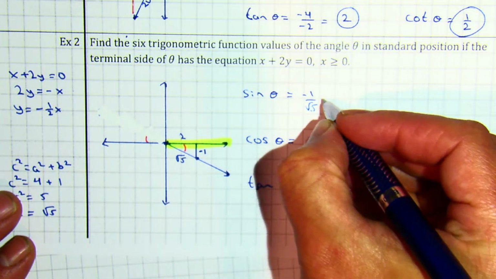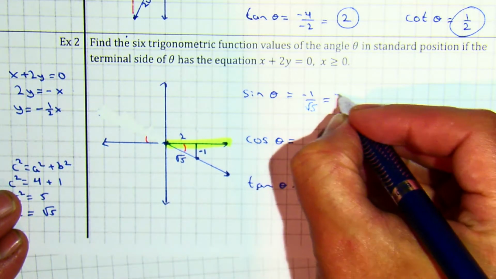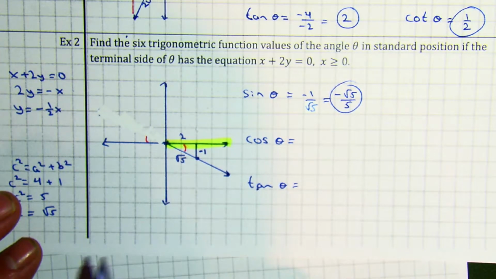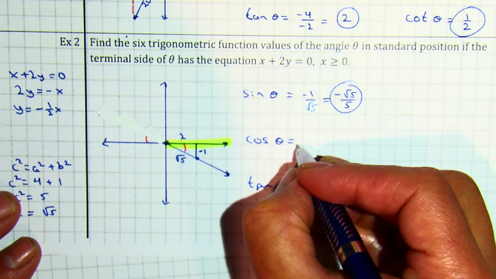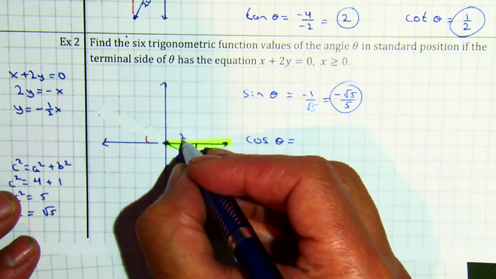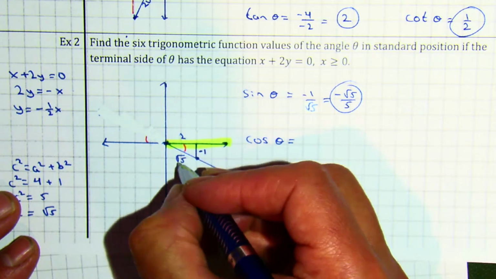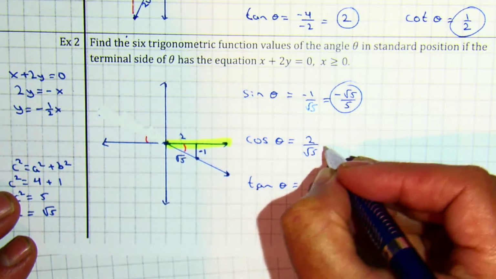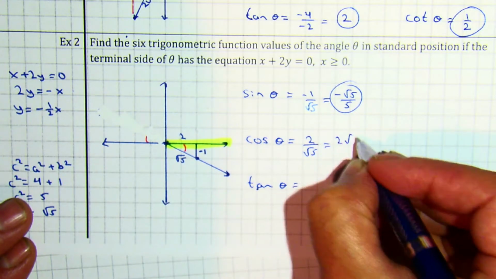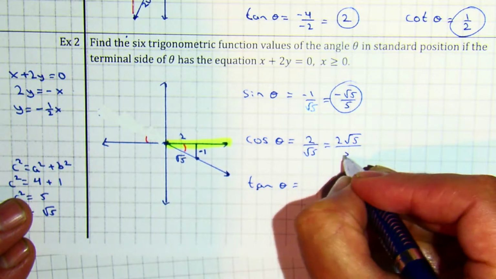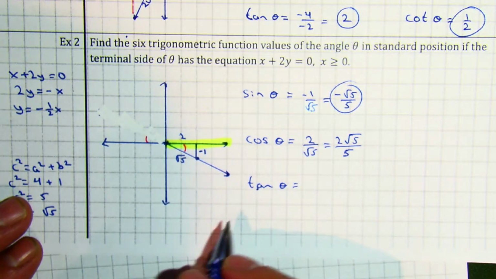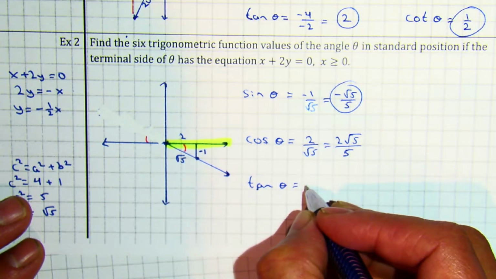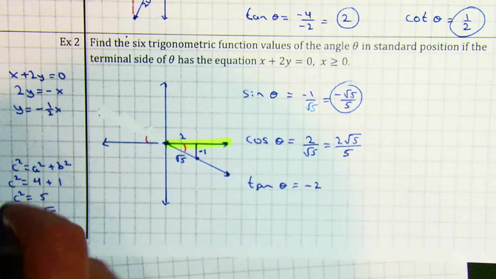I'm going to rationalize it, so it gives me negative square root of 5 over 5. The cosine will be x over r, or adjacent over hypotenuse. So it'll be 2 over square root of 5. Rationalize it, gives me 2 square root of 5 over 5. And the tangent is y over x, or opposite over adjacent, so -1 over 2.